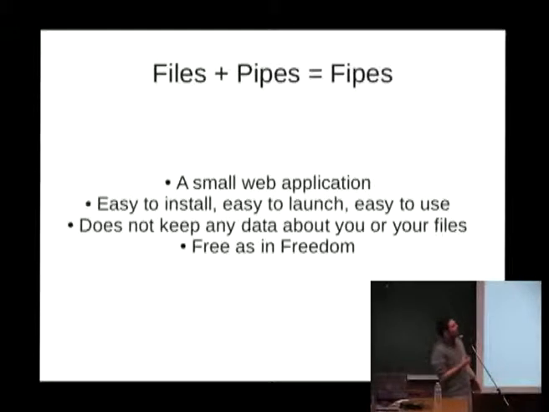Fipes is a pipe for files as a web application. It's a small web application that is easy to deploy and easy to use, and that doesn't keep any data on you or on your files. As it's free software, you can deploy it on your server if you want. And of course, it's free as in freedom. We'll see the license at the end. You'll like it.